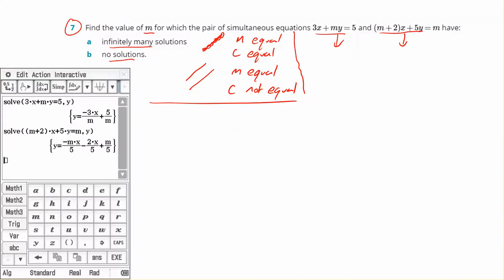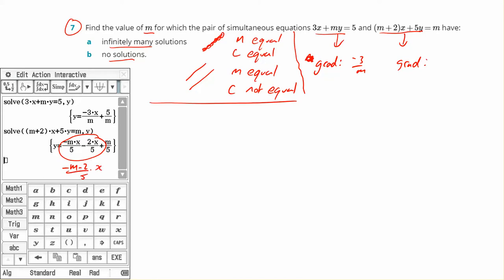As you can see, the first equation, my gradient is... now I won't use m because that's confusing with the m I'm solving for. The gradient here is -3 on m. The gradient here is given by, and you need to combine these two fractions because they're both x's, you should get -2 over 5 x on 5 if you combine the x.